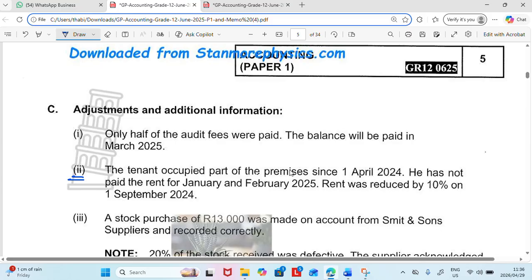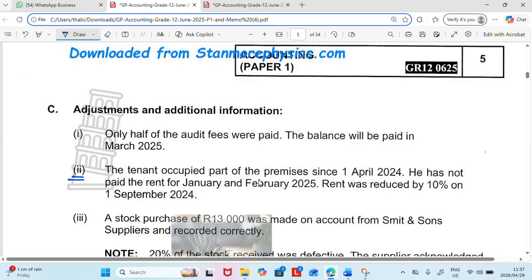So rent income, that information is very important. The tenant occupied part of the premises since 1st April 2024. He has not paid the rent for January and February 2025.